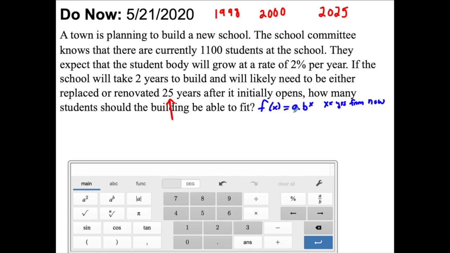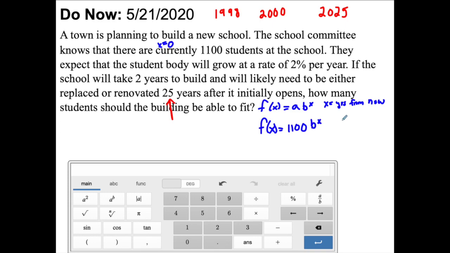So, well, look, 0 years from now, how many people are in the school? We know that. So that means that a is equal to 1100. Because it's got to be a number that when you plug in 0, you get 1100, because currently represents x is equal to 0.